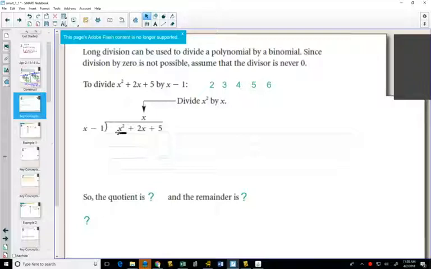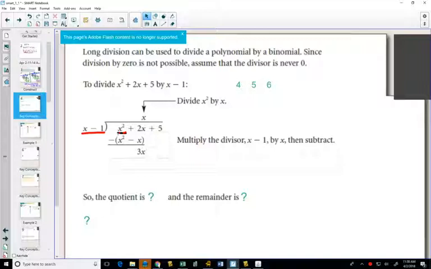I like to think of it as what would I have to multiply this x minus 1 by to get x squared? You'd have to multiply by an x. So that's the very first thing that you write, is an x. Then you take that x and you multiply it by the x minus 1 to get x squared minus x, and subtract.